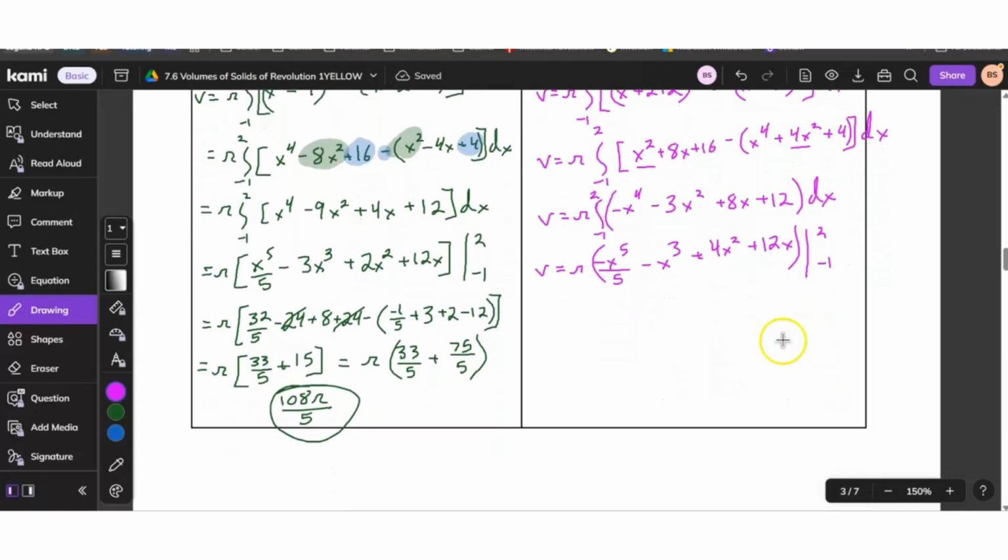Then we can evaluate it. Yeah, by the time the negatives will cancel.